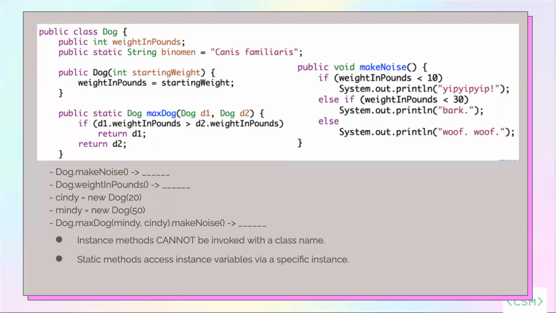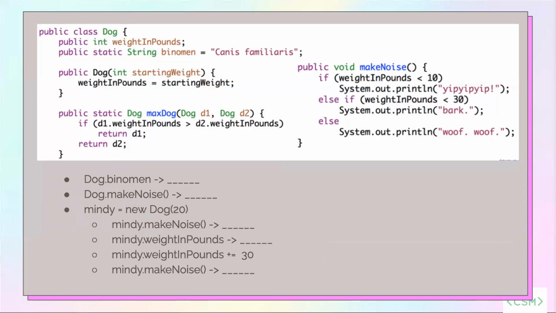Okay, could we go back to the last slide really quickly, actually? Because I think there was a question in the chat. Yeah, so dog.binomial would output Canis familiaris, right? Because dog is the class name and binomial is a static variable.